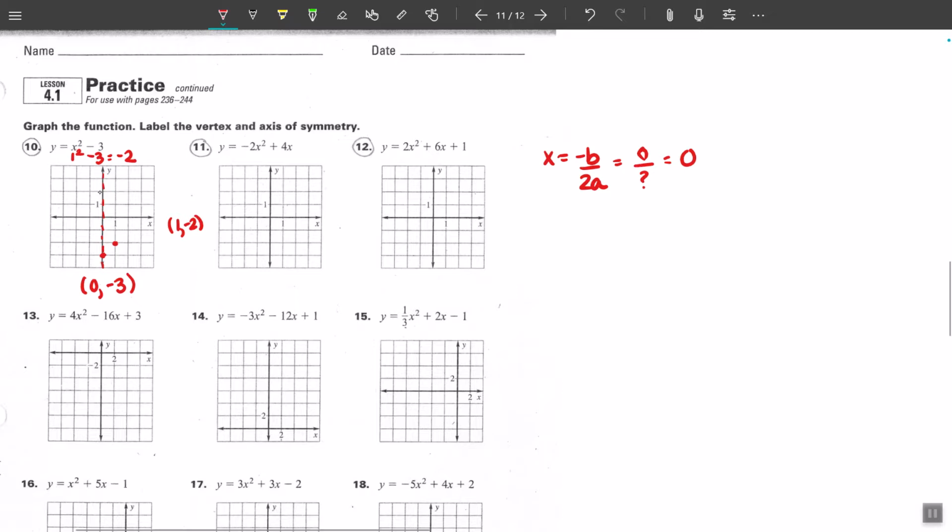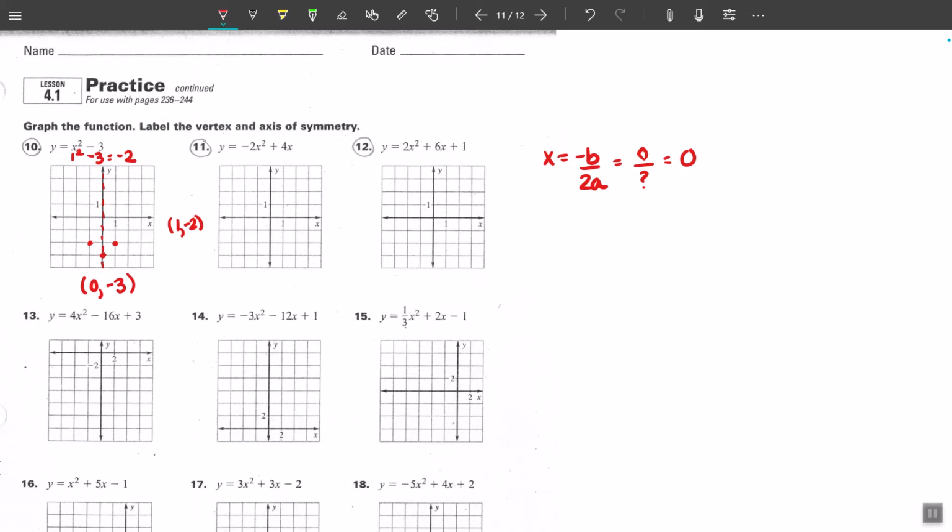And because this is a mirror, and it's going to have a mirrored image across, I could come over here and plug -1 into the function and calculate out my y, but I know it's going to be a mirrored point because of the shape that these parabolas take. They're very similar to the absolute value in that regard.